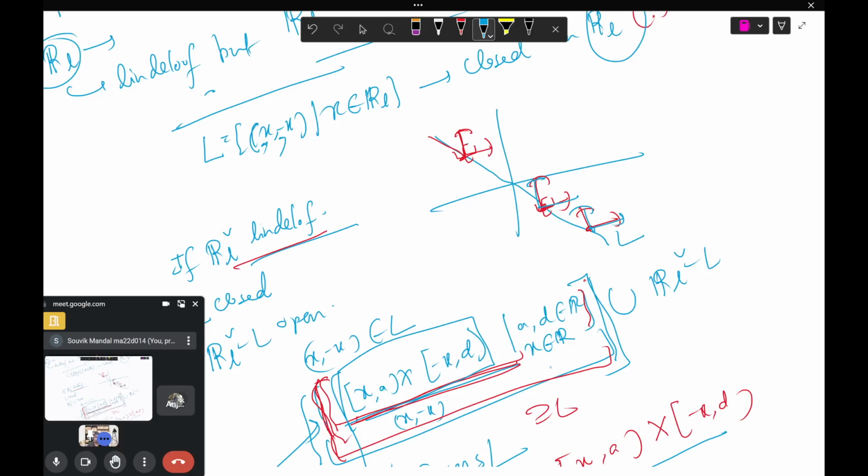So if only a countable subcollection of those open sets contains L, then L would be a countable set. But L is itself an uncountable set. Each of these open intervals intersects L at only one point, but L has uncountably many points, so only countably many of these can't cover the whole line L. So this is the argument. Do you understand?